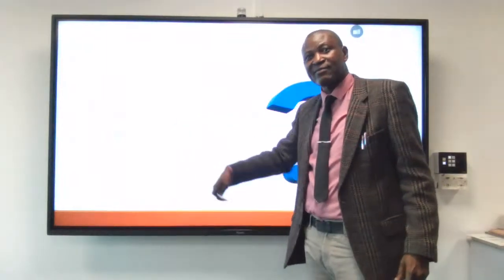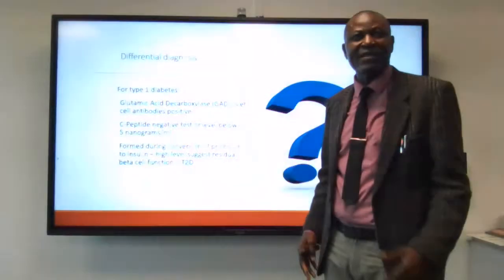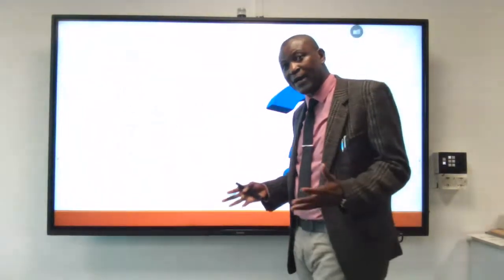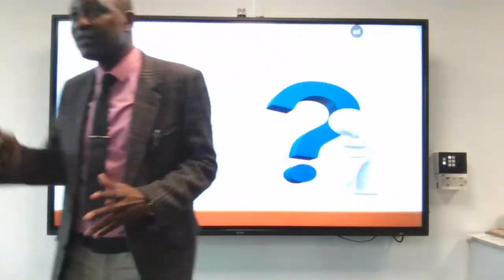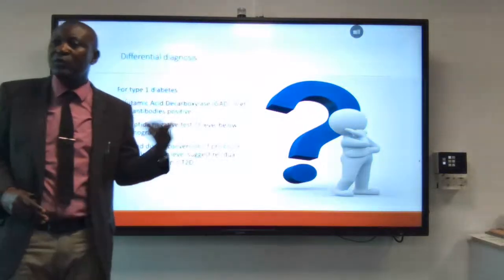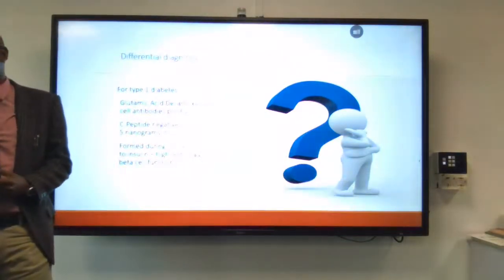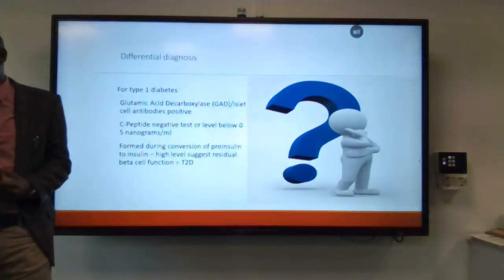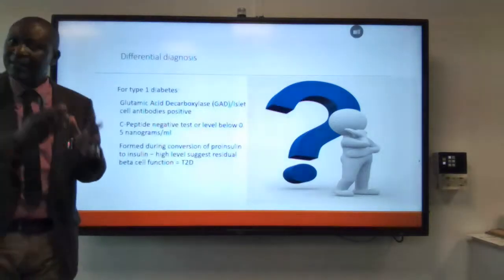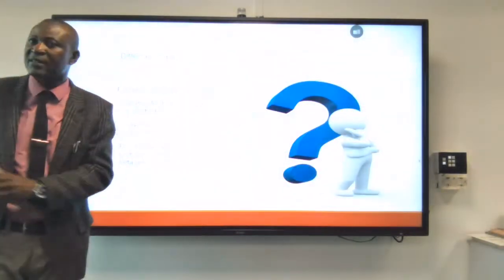But if this is low, that means there's less insulin production, and that will be type 1 diabetes. So when we are not really sure whether this is type 1 or type 2, you can do the C-peptide test, or we can do the GAD antibody test to confirm, and that lets us know this is type 1, this is type 2.